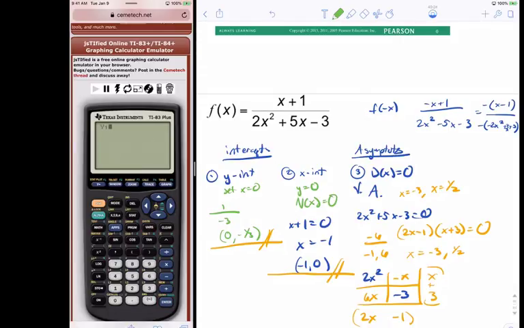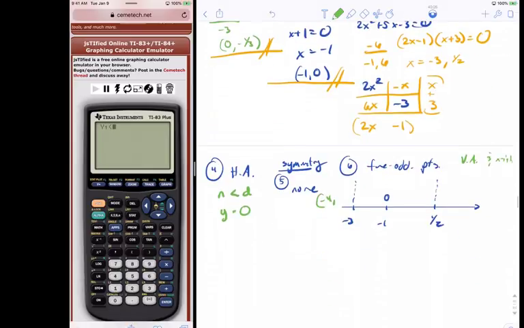Now, the first point we were testing, when x was -4, the y value we get is -1/3. So that means it's below the x-axis in that interval. Give me something between -3 and -1 to test. -2 sounds good. So when x is -2, y is a positive 2/10, which is a fifth.